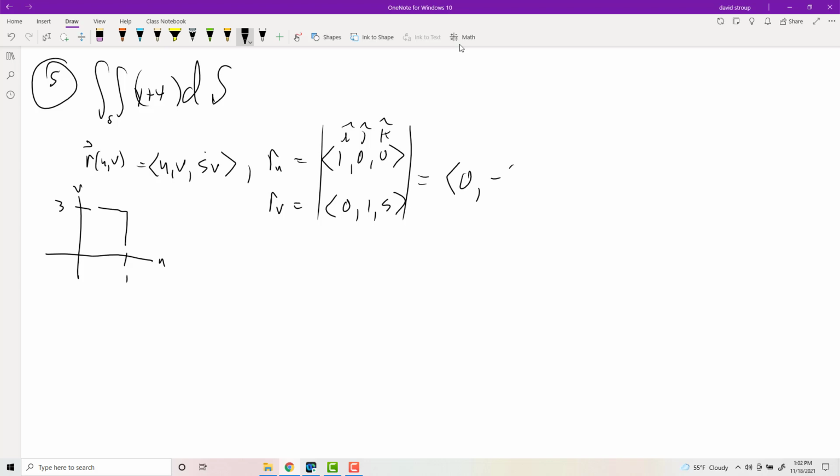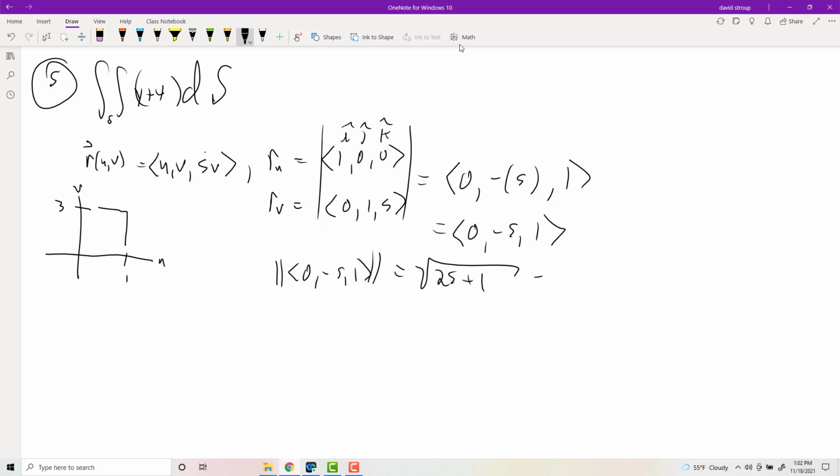Cover up the second column, minus 5 minus 0. Cover up the third column, 1 minus 0. So this will be (0, -5, 1). I need the magnitude of that for my integral. So that's going to be the square root of 25 plus 1, which is the square root of 26.